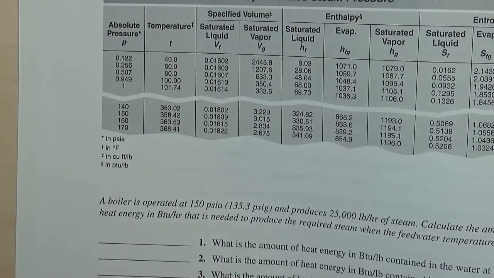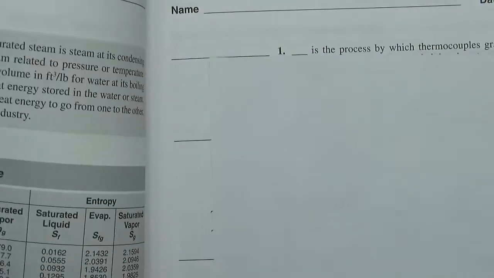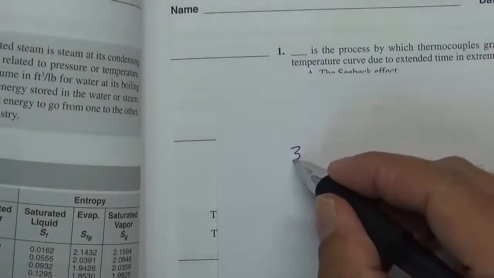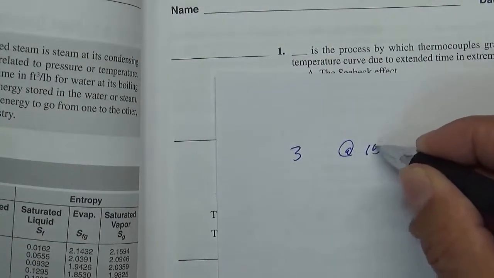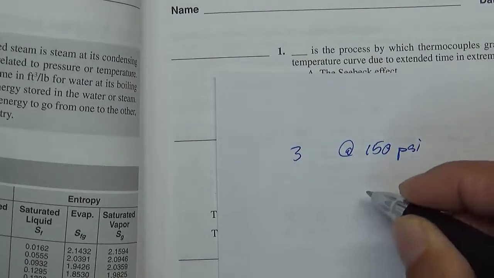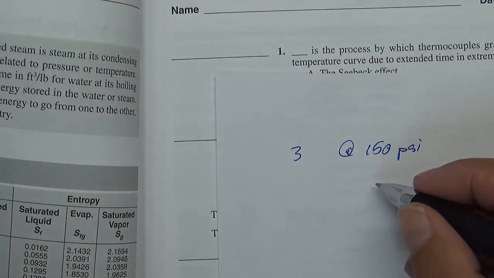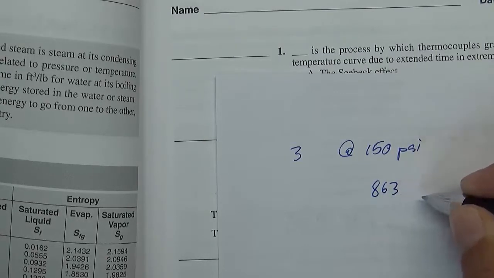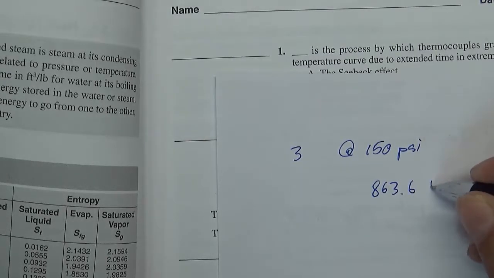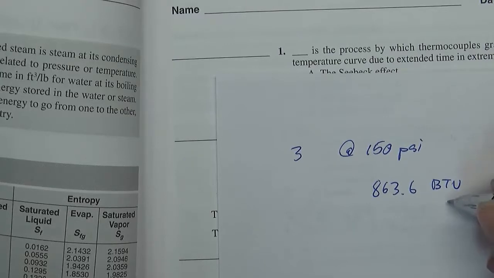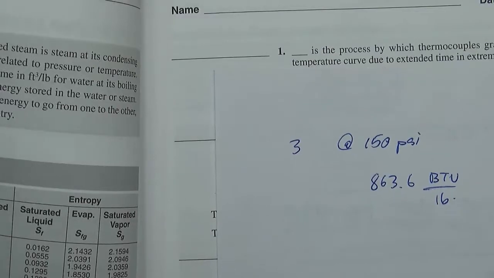Number 4, what is the amount of heat energy in BTU per hour required to produce 25,000 pounds per hour steam? So we just found for number 3 that at 150 psi it takes 863.6 BTU per pound to go from water to steam.